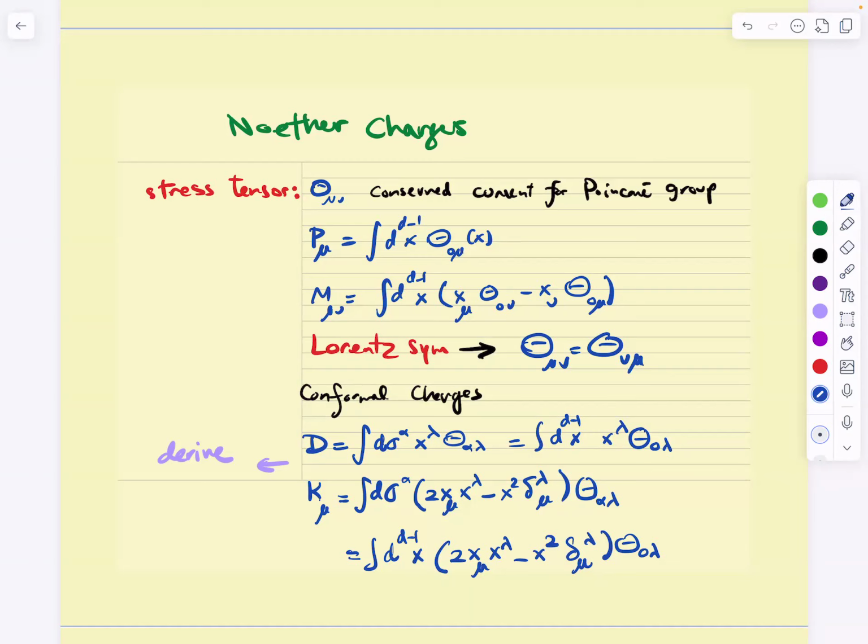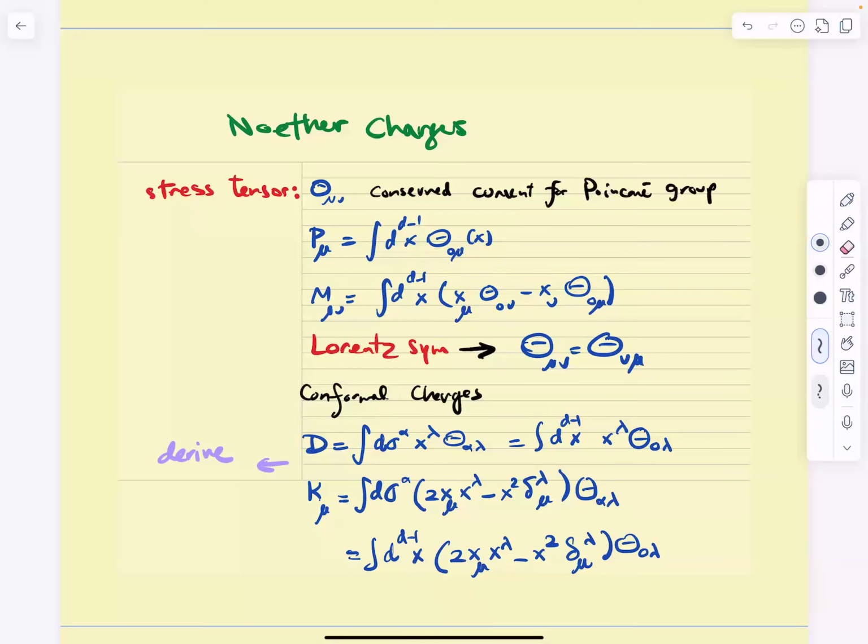The 0I component, I is 1, 2, 3, is energy flux. The IJ component has to do with shear and pressure. Well, okay, I shouldn't call it momentum. Yeah, it's energy flux.